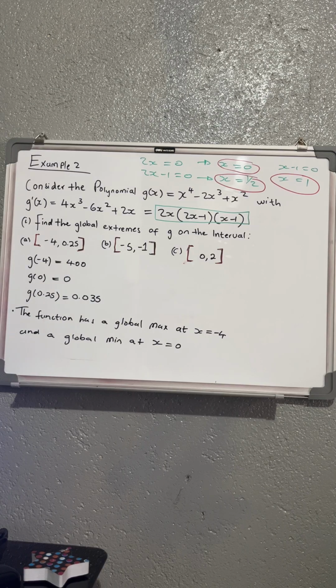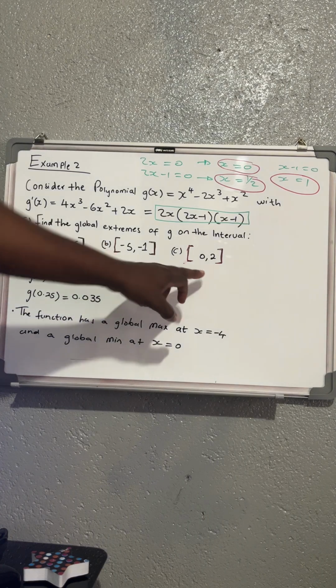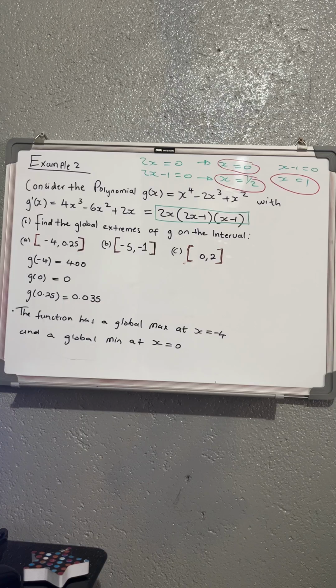This is the conclusion that you have to make based on these 3 that you have calculated. You're also going to do a similar thing when it comes to the next one.